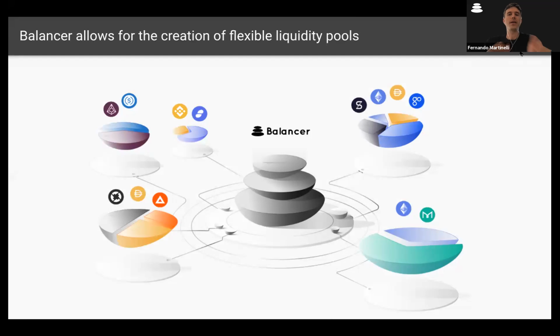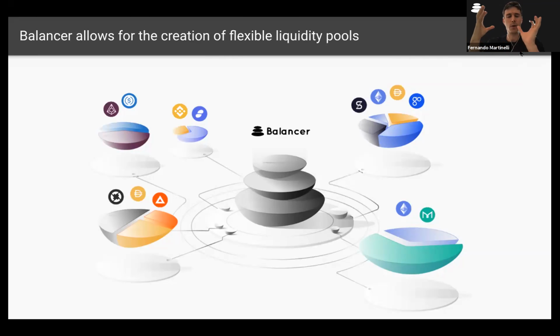Balancer is a protocol for programmable liquidity. I think we all are quite familiar with Uniswap, and the easy way to explain Balancer is that it's a more generalized version of Uniswap, where anyone can create pools that are not limited to only 2 tokens and 50-50% weights.